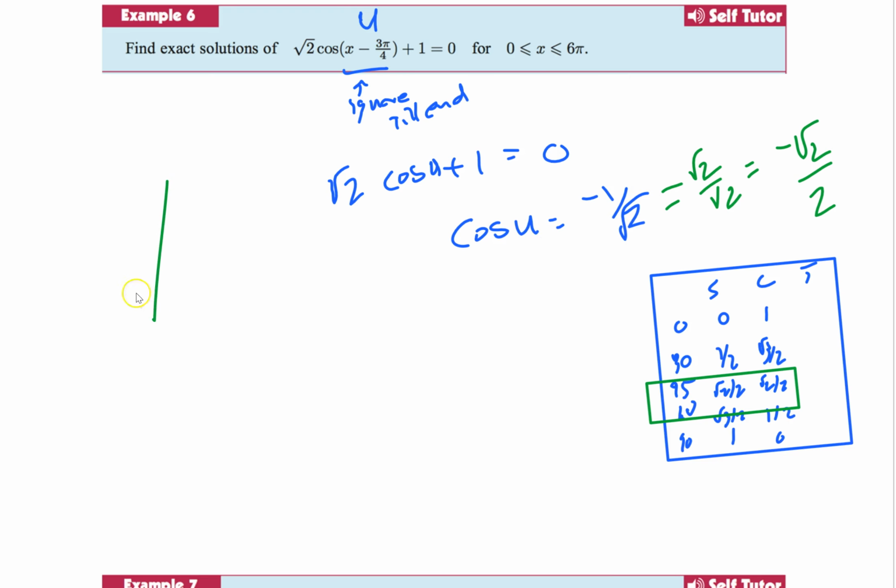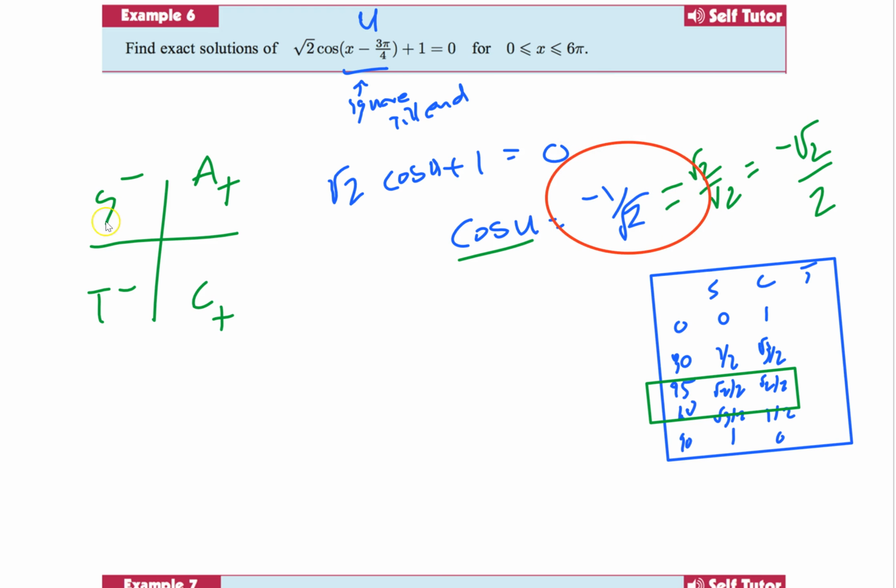So I just got to figure out where cosine is negative. All Students Take Calculus. Again, this tells you where stuff's positive. A is always positive, always. That's what A stands for. We're doing cosine, so quadrant 4 is now positive, which makes this and this negative. I want the negative ones, right? This is the negative 1 over rad 2. So I'm looking for these two.